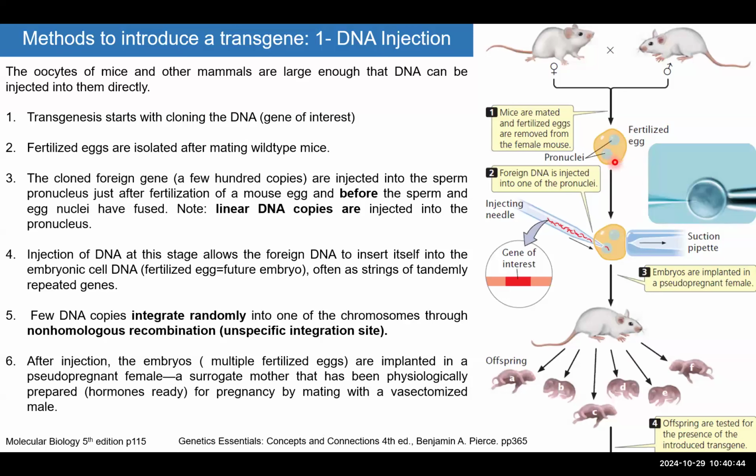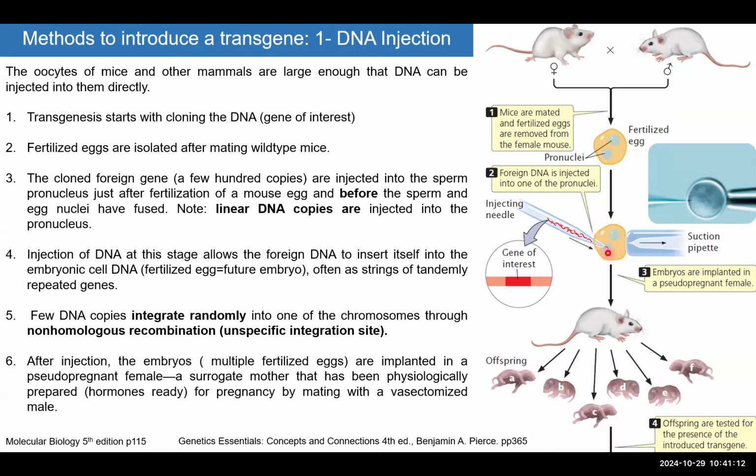It's not really emphasized in this image, but we discussed it. What we will do is linearize our gene. We will know how many copies we will add, and then we will inject that gene into the pronucleus of the male or the sperm. And this will lead to the insertion of that gene into one of the chromosomes, and we know it's random, we don't know where.